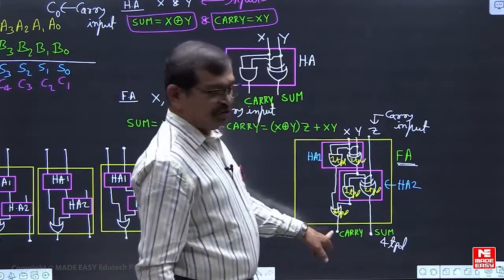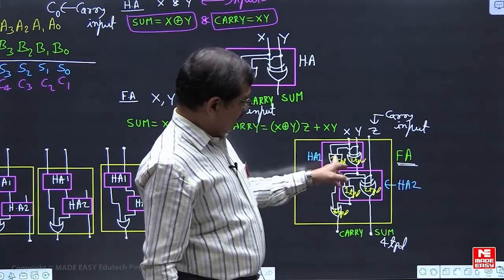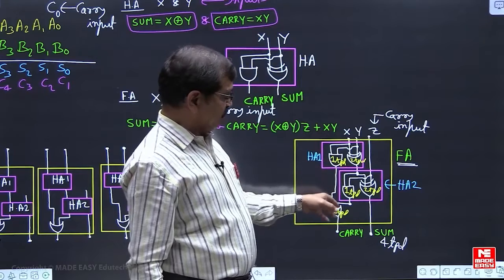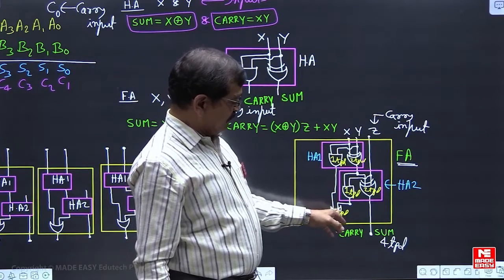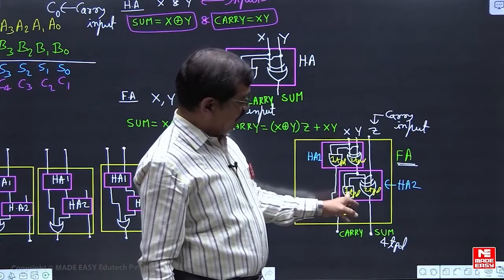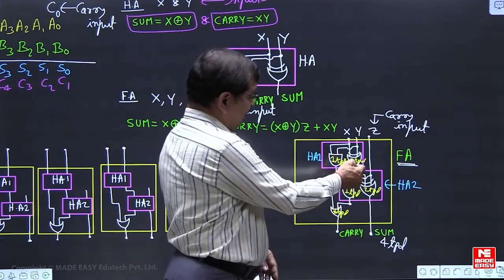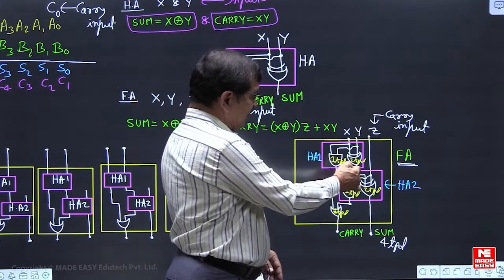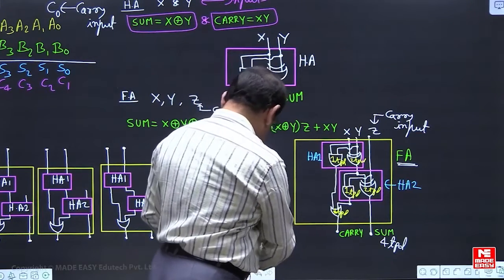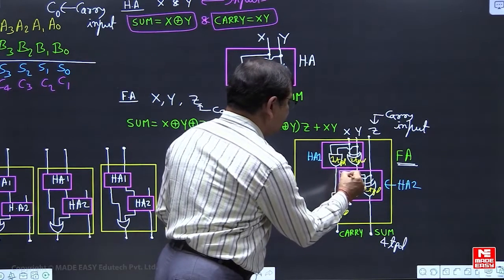And coming to the carry output. One input to this OR gate comes directly from the half adder 1 AND gate, so it is available with 1 TPD. The other comes after the half adder 2 AND gate, where one input is available with a delay of 2 TPD.